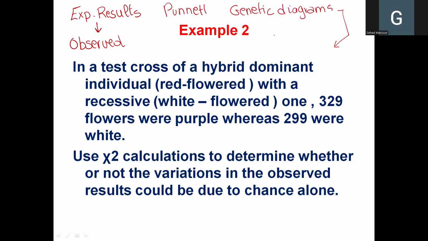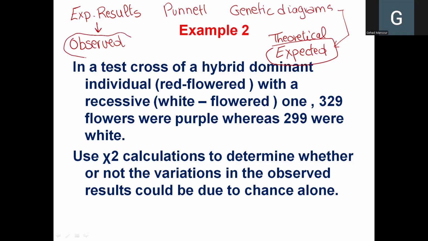These results are not experimental. These results are theoretical results, and these results are called expected results. Why? Because we are expecting the probability to be as we obtained from the Punnett square and the genetic diagram.